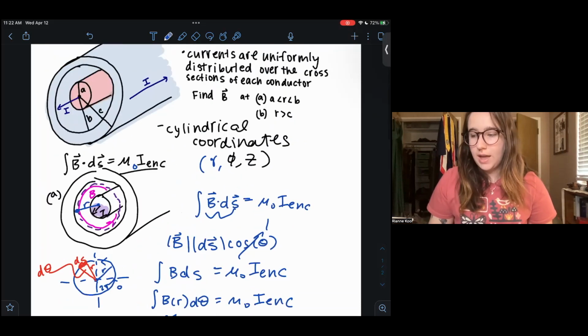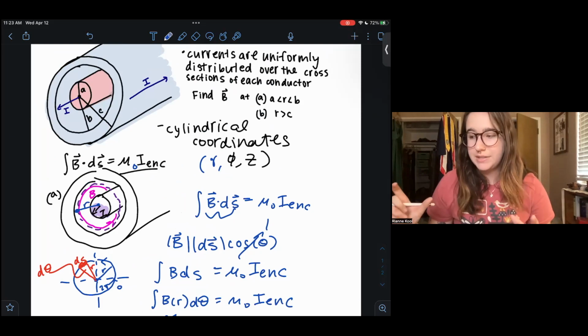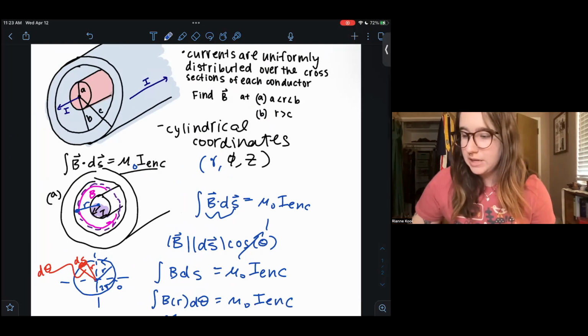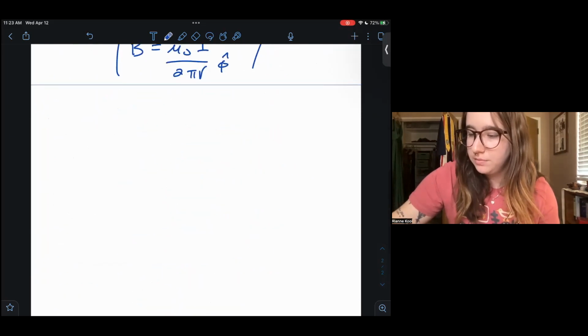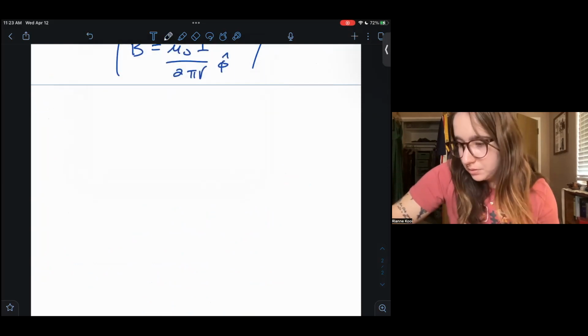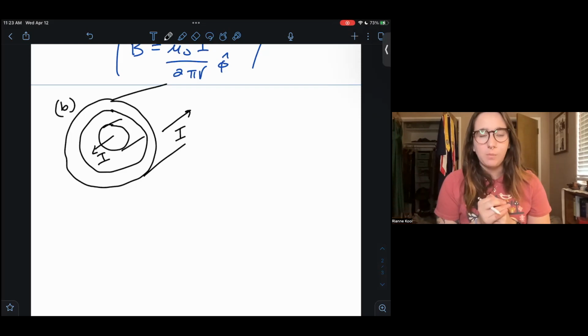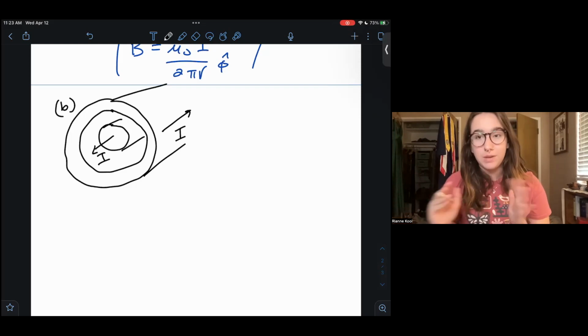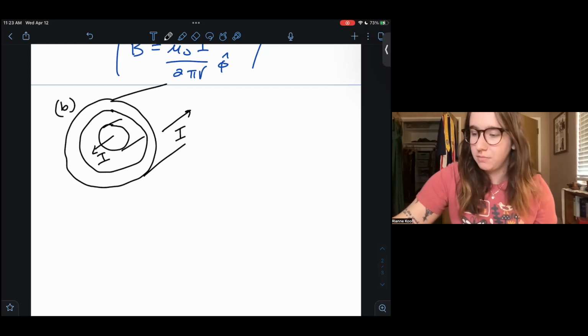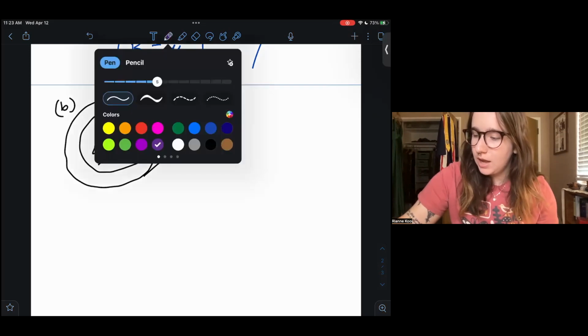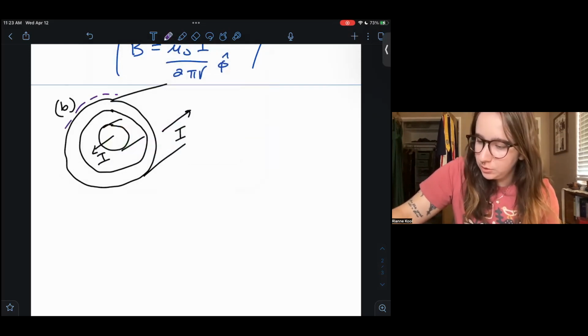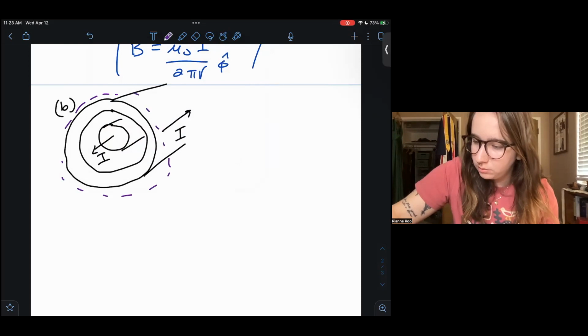So now let's look at our next problem, which is when the radius is greater than c. Let me redraw our coaxial cable. Okay, so now I redrew our coaxial cable, and we want to make our Amperian loop now greater than c. I'm going to do the same thing, and we want our Amperian loop to be right here.